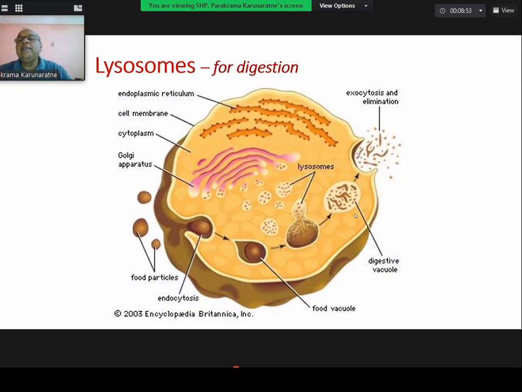The cell can remove by exocytosis the things which are not digested, the remaining stuff. This is how cells can digest. Cells can take food inside and digest it with lysosomes, right? Okay.